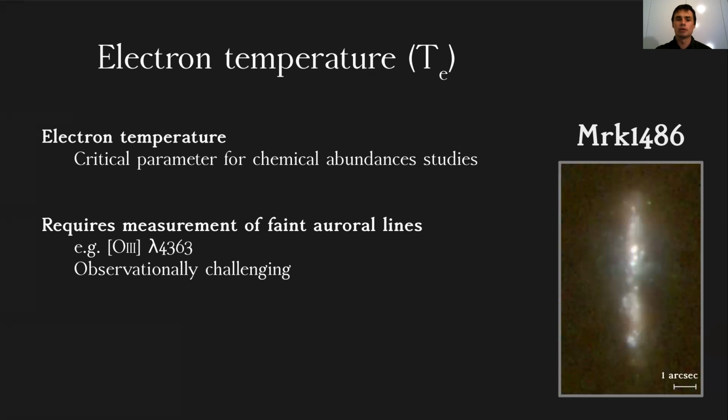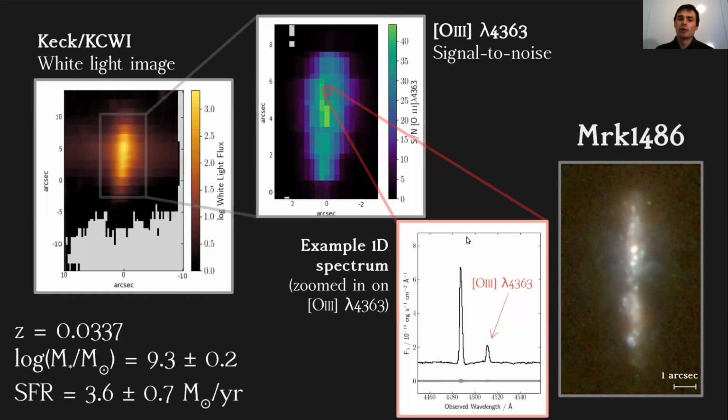And so what I'll be showing you today are some early results from Keck KCWI data taken as part of the DUVET survey, in which we're able to map out the electron temperature in an edge-on system. So the system that I'm referring to is Mrk1486, shown here, which is this relatively low mass starbursting galaxy.